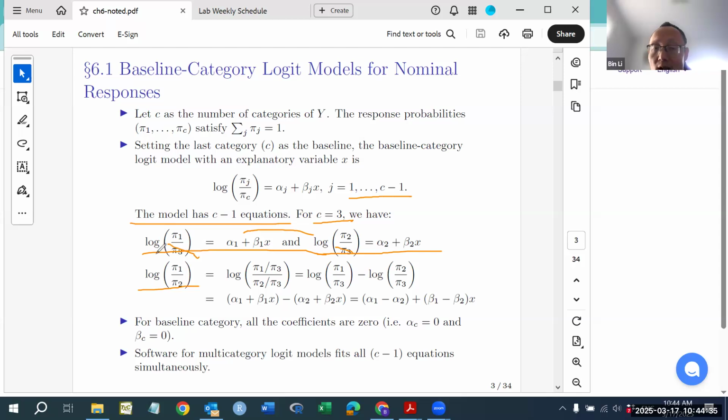So the log odds between category 1 and 2 equals the difference of alpha 1 and alpha 2 as the intercept, and the difference of beta 1 and beta 2 as the slope. So you can easily find this relationship.